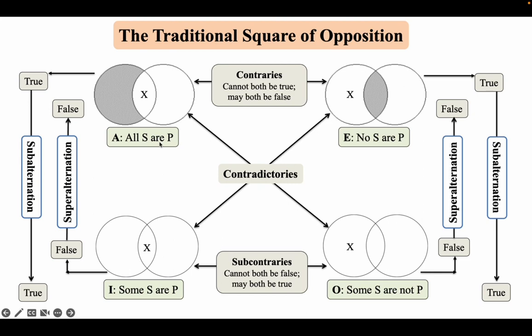Now, the final thing that I wanted to say about the traditional square of opposition is that according to the traditional interpretation of the four categorical forms, the universal statements, notice that they have an X. The X is the existential import or the existential assumption.